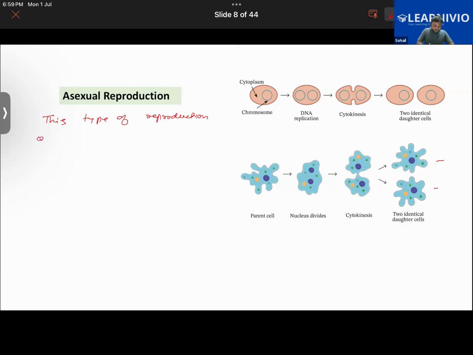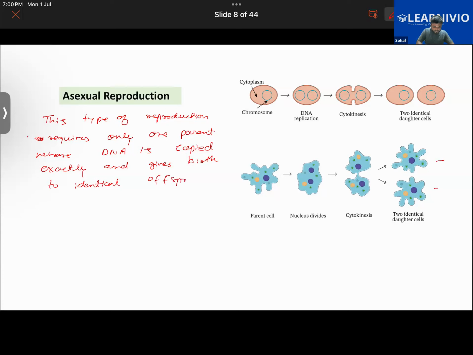This type of reproduction requires only one parent, whose DNA is copied exactly, and thereby gives birth to identical offsprings, which are also exact copies of the parent.